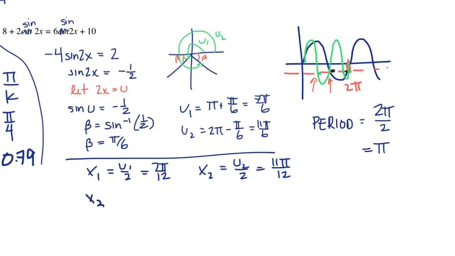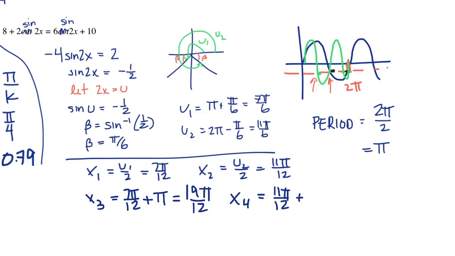So x3, I'm just going to do 7 pi by 12 plus pi. And that's actually going to give me, let's add 12 to 7, that's 19 pi by 12. And our x4 is just going to be 11 pi by 12 plus our pi, which gives us 11 plus 12 is 23 pi by 12.